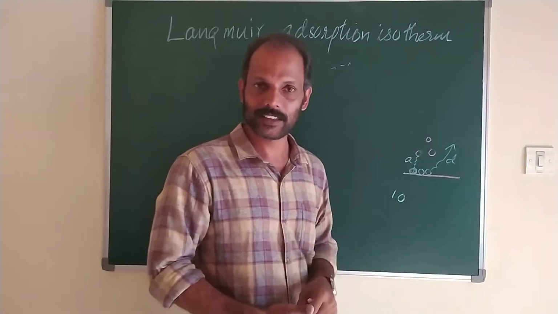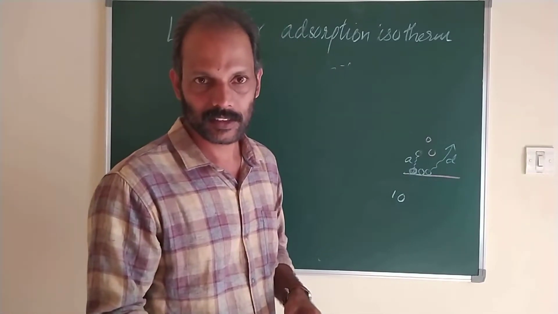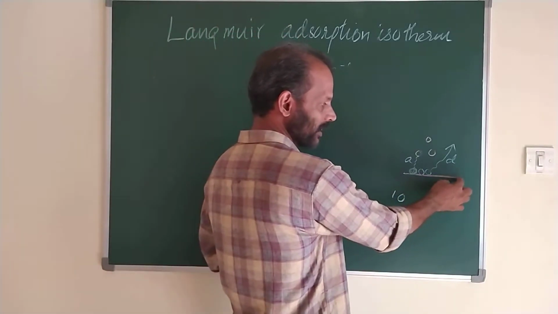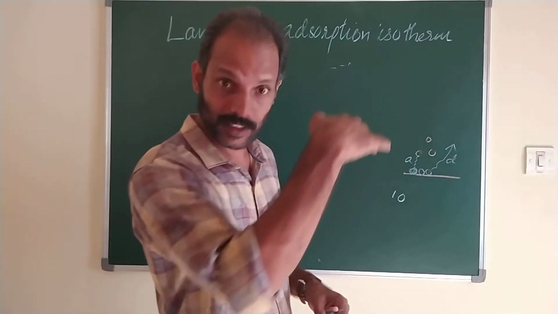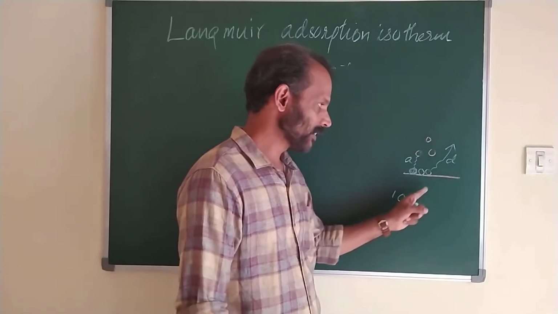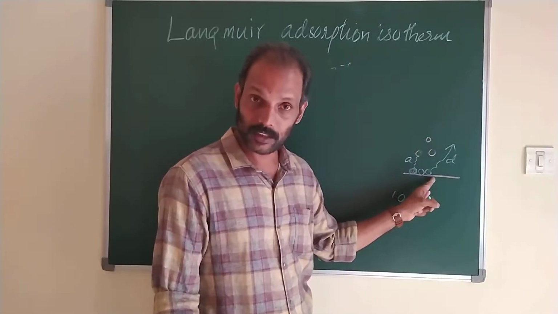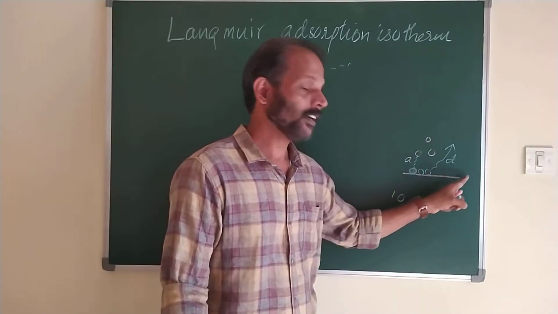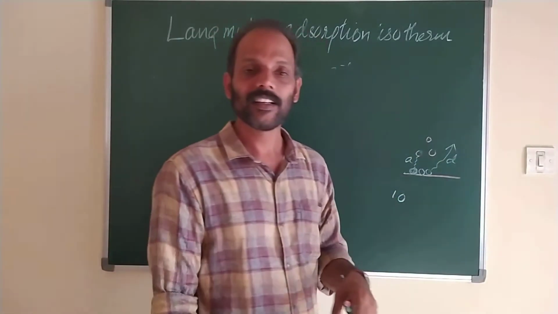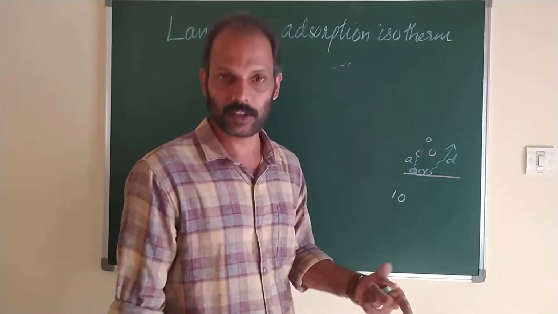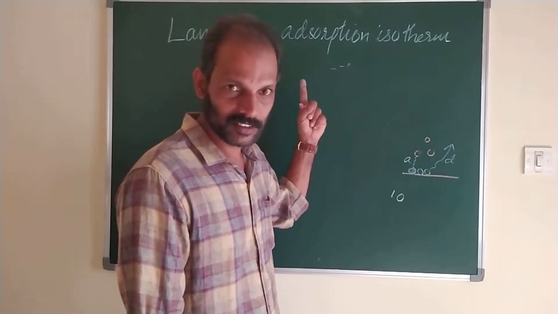Only 7 vacant sites are available. Right? So the rate of adsorption, the rate of condensation, depends on the number of vacant sites. Rate of condensation is proportional to available sites. Once all the sites are completely filled, then the rate of adsorption becomes 0, according to this theory.